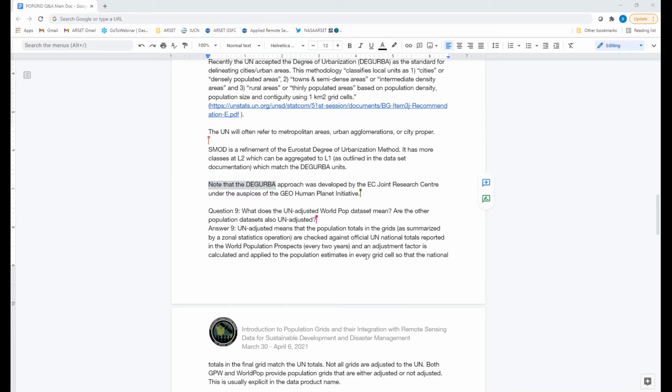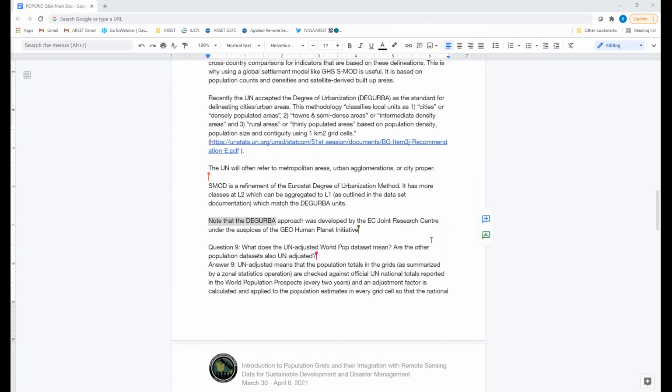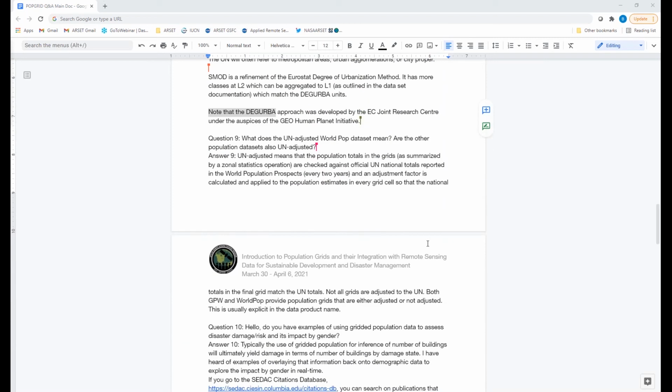Question 9, what does the UN adjusted world pop dataset mean? Are there other population datasets also UN adjusted? So UN adjusted means that the population totals in the grids, when we first produce the grids, we check the population totals for every country against the official UN national totals reported in the World Population Prospects, which comes out every 2 years.